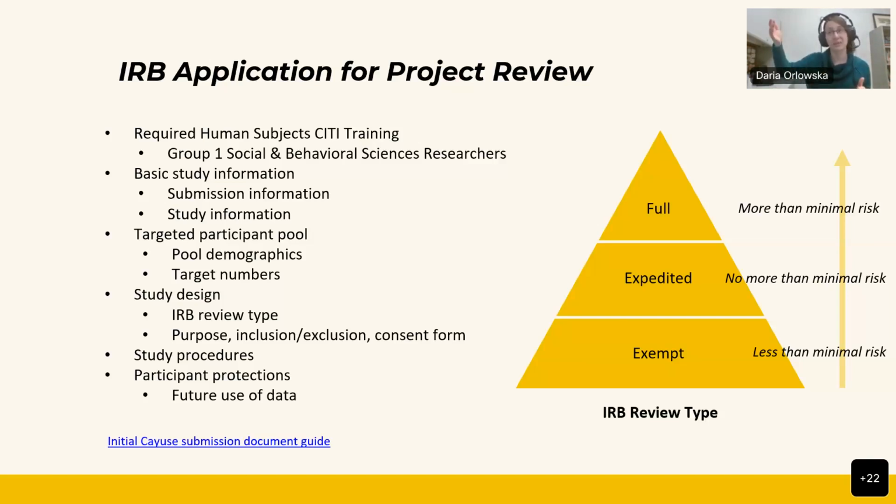As your risk goes up, so usually if you're collecting sensitive information or you're dealing with a population that is protected. If you go through CITI training, it will talk a little bit about protected populations such as prisoners, children, individuals who might have a specific disease. There are a number of categories there, so that training will help you. But as you go up in sensitive information and sensitive populations, your risk also goes up.